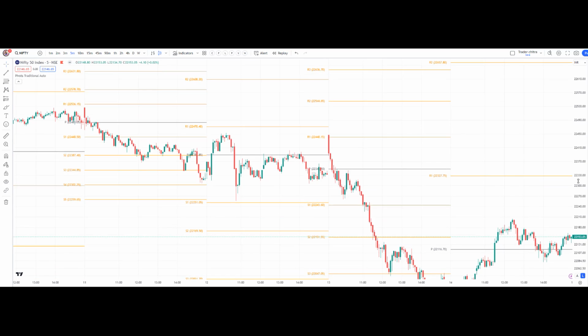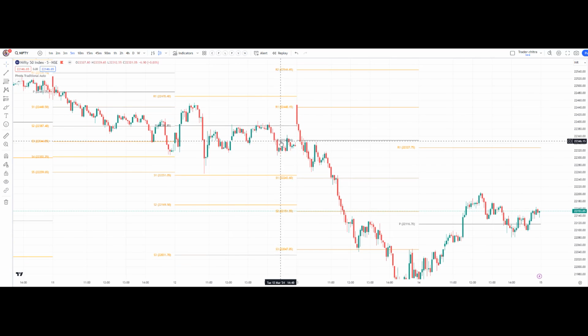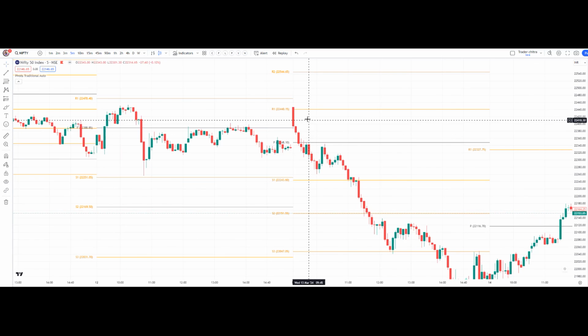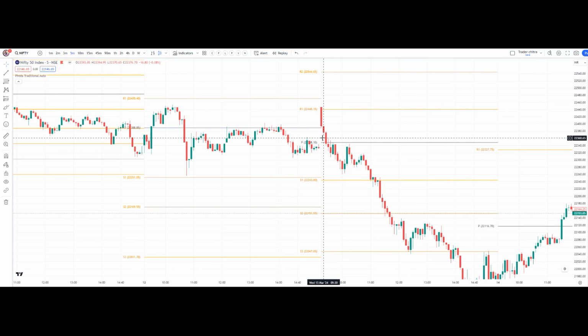All right. So here we can see this is the pivot point, that is P, R1. Here we can see that the price opened exactly at R1 on March 13th. Okay. After that, this is a red candle, and price took support at the pivot, and immediately when the price gave a breakdown below the P, we can see the next support is S1.